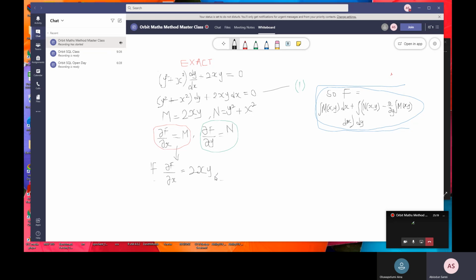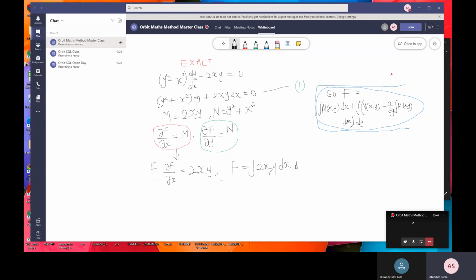So how do I get f? I'm going to integrate both sides with respect to x. So I'm going to have the integral of 2xy dx. I'm integrating a function of two variables with respect to x.